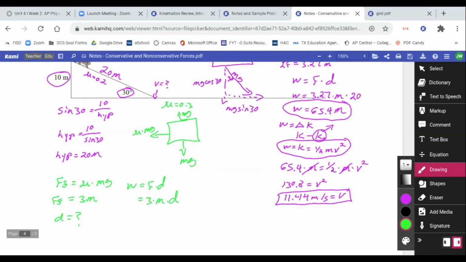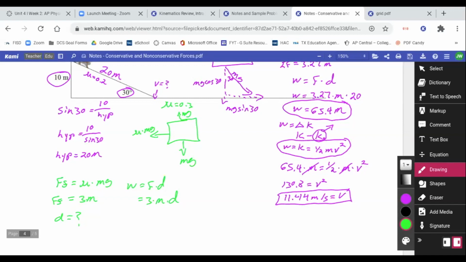Doesn't that make sense? So we were able to determine how much work it took from Ralph to go from 0 to 11.44. Wouldn't that be the same amount of work it takes for him to go from 11.44 to 0?